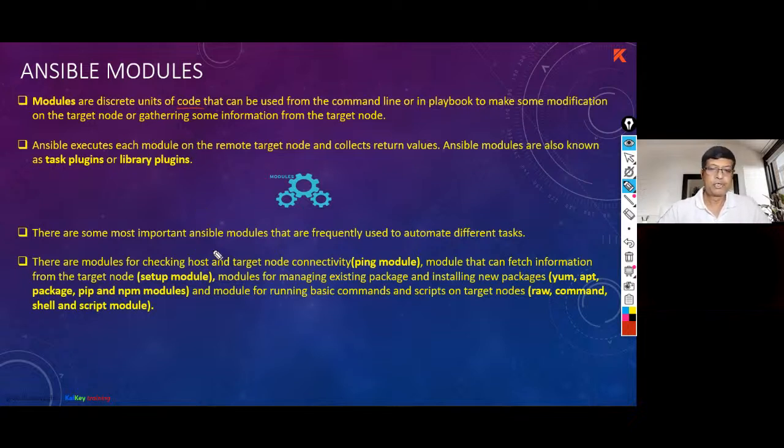Examples are the ping module, yum, apt, package, pip, npm modules, and then there is raw, the one you use to print. Then the command, shell, and script modules. Basically, all the shell commands can be run with the command module, the shell module, or the script module.